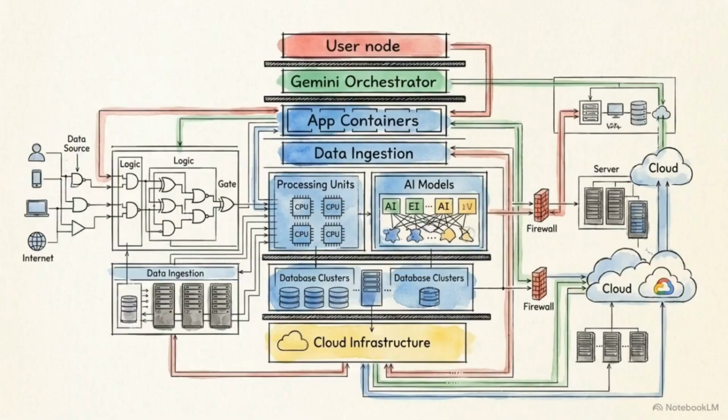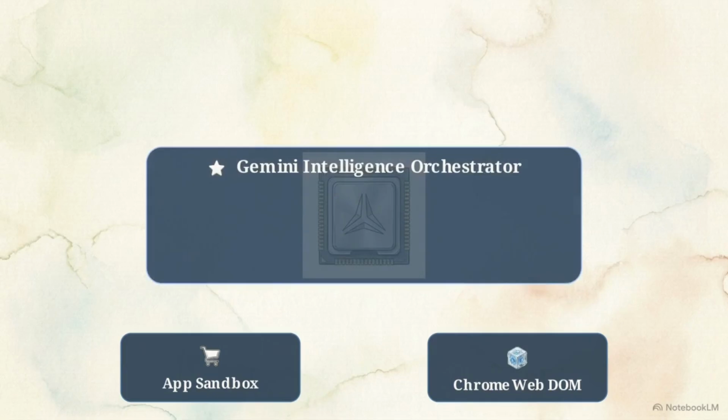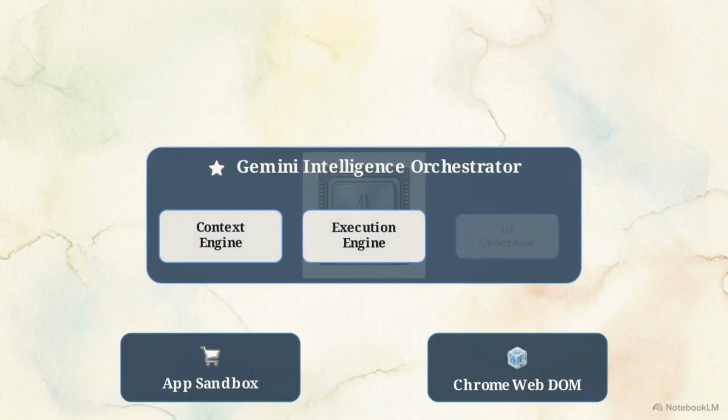When we step back and synthesize these individual features, we see a complete blueprint for an agent-based mobile stack. This master architecture map shows the system layers. We start at the bottom, traditional application sandboxes and Chrome web DOMs holding raw data. Directly above sits the new middle layer, the Gemini Intelligence Orchestrator, featuring the context engine, execution engine, and UI generator.